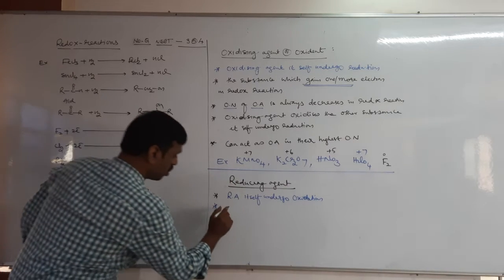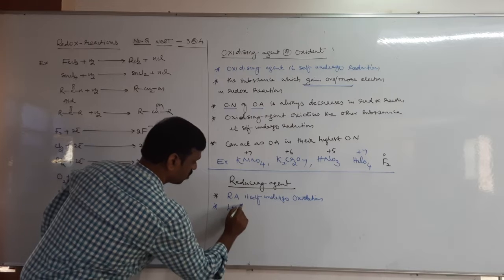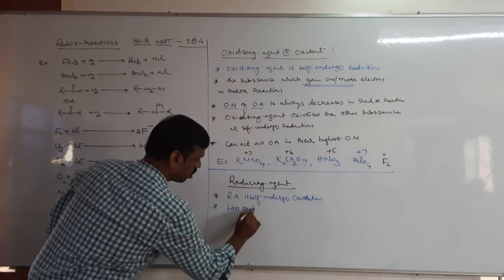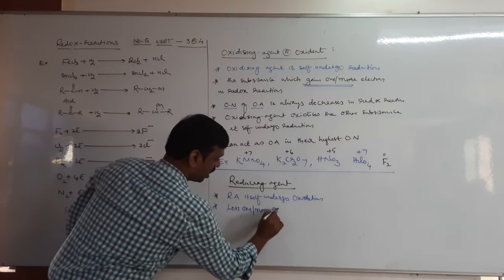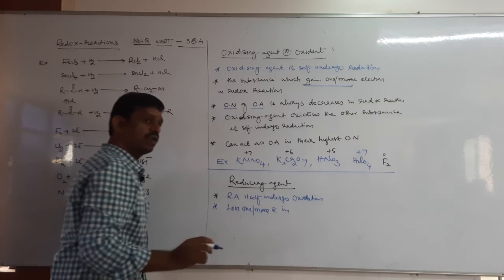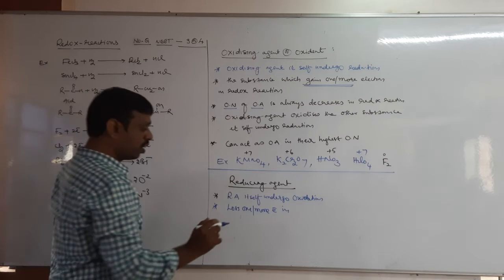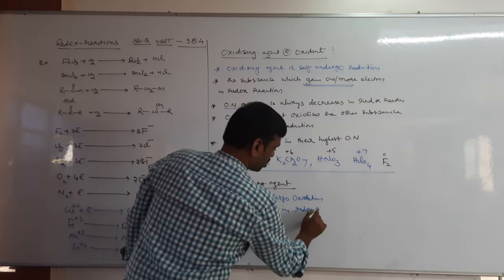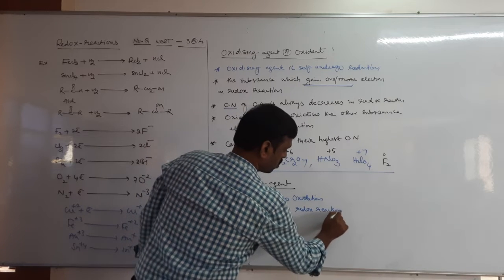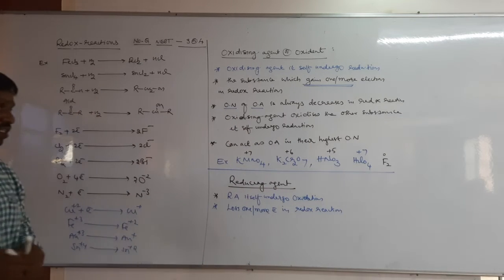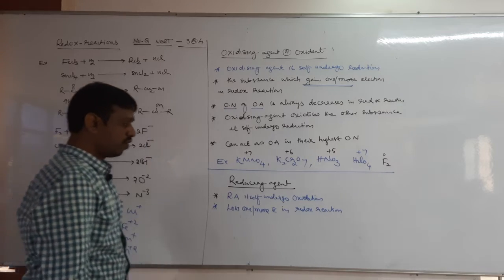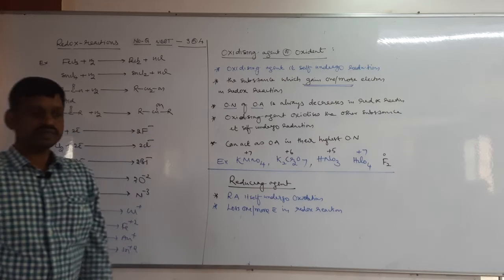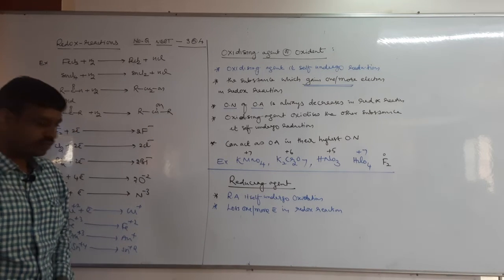The substance which loses one or more electrons in a redox reaction is called what? Reducing agent.